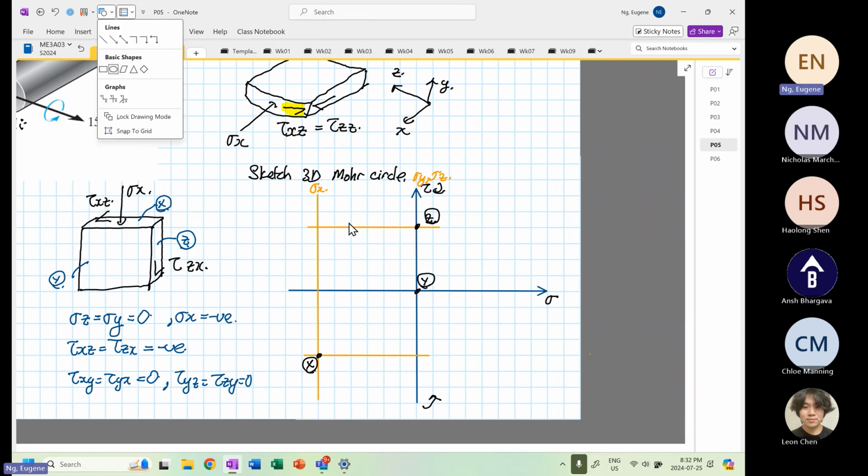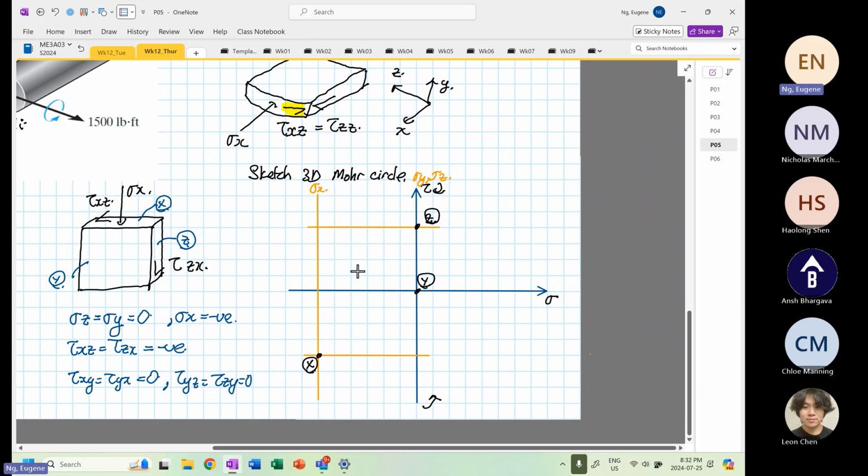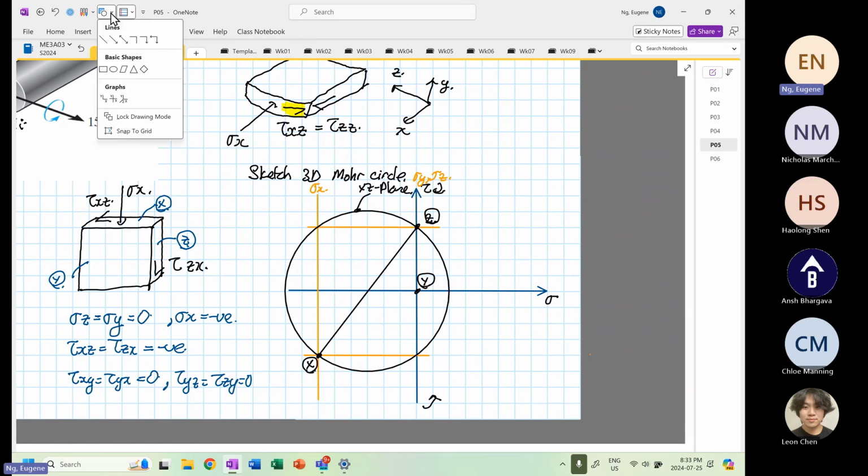So we know that the first circle belongs to... so this is our first circle. So from here, you already know which formula to apply, right? So the first circle over here belongs to our XZ plane, right? And then we have the other two circles.